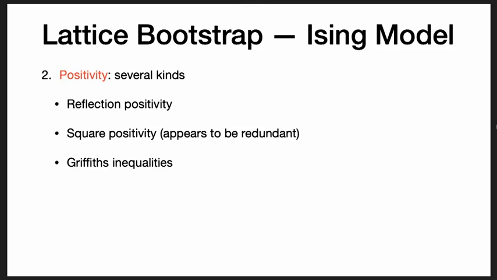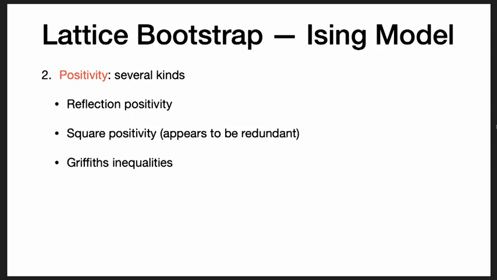Now we'll come to the positivity aspect of this work. There are several kinds, some more obvious than others. One that I'll talk about is reflection positivity. The other is square positivity, which has appeared in other talks in this workshop. This is the more obvious one: just square something real, and you get something positive.